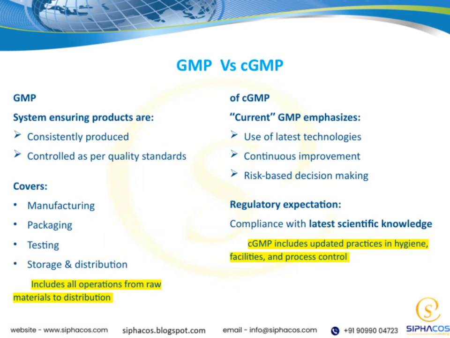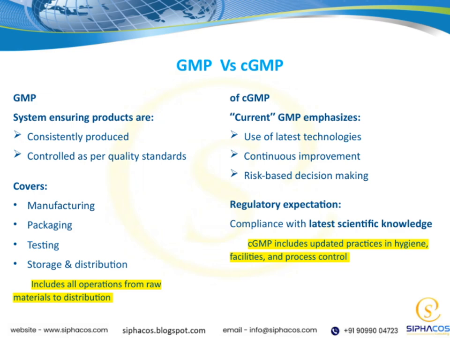Let's take a closer look at what current GMP emphasizes today. It really focuses on using the latest technologies to stay ahead and ensure quality. Continuous improvement is also a key aspect, meaning we're always looking for ways to make our processes better and more efficient. Additionally, risk-based decision-making plays a crucial role, helping us identify and mitigate potential issues proactively.